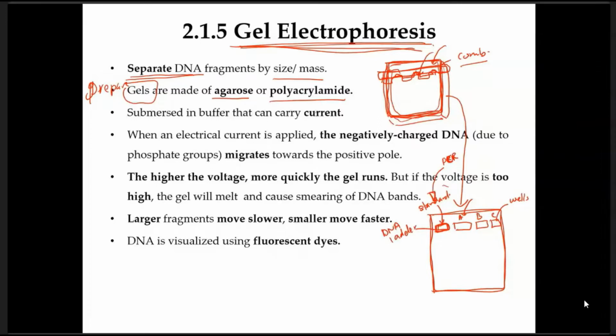The DNA ladder contains DNA of known size. So when you run it, it will produce what we call DNA bands. This will become the DNA fingerprinting later. The pattern is different. Only the DNA ladder, you know the size. You know the size.